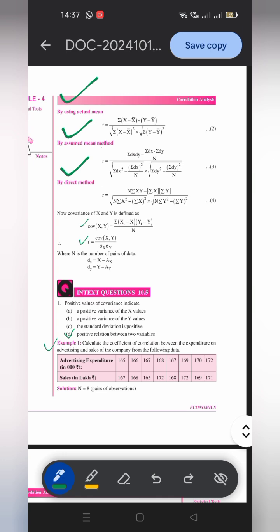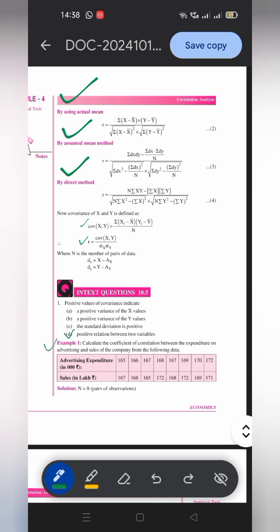Second one, by assumed mean method, R is equal to sigma dx into dy minus sigma dx into sigma dy divided by n whole divided by root of sigma dx square minus sigma dx whole square by n into root of sigma dy square minus sigma dy whole square by n.